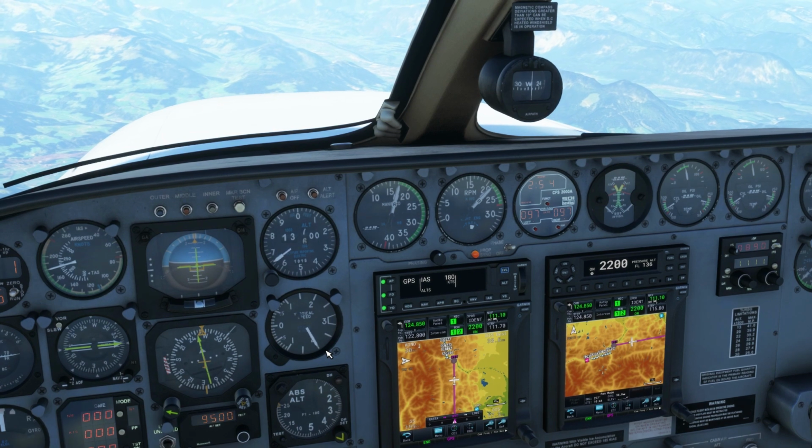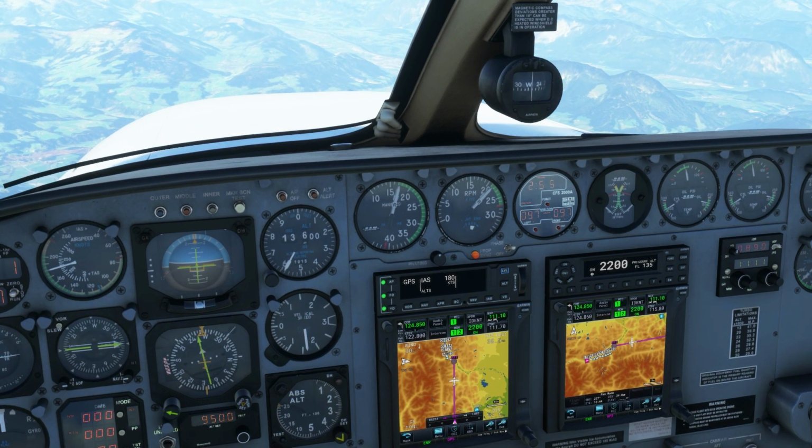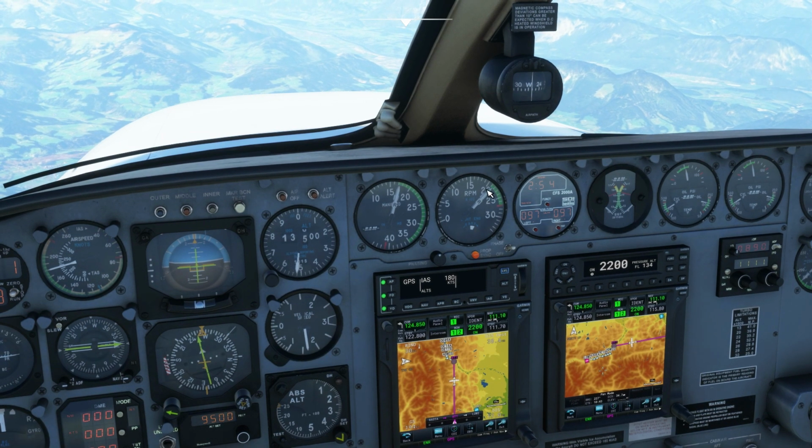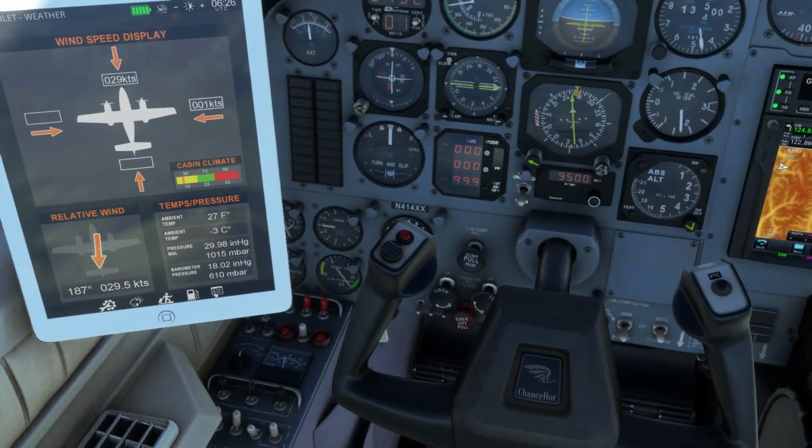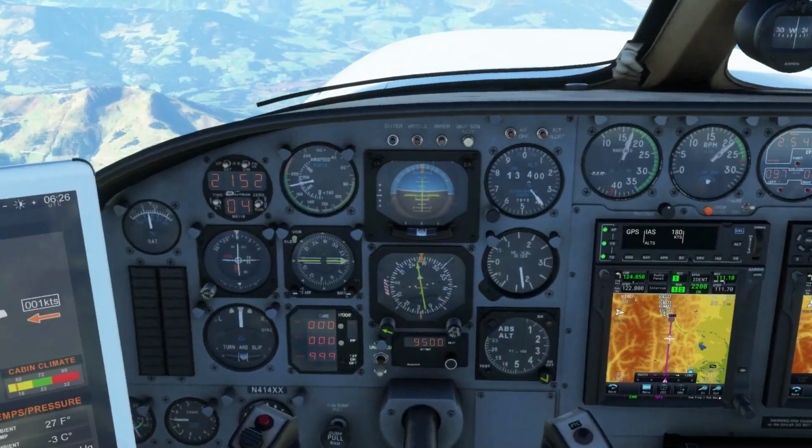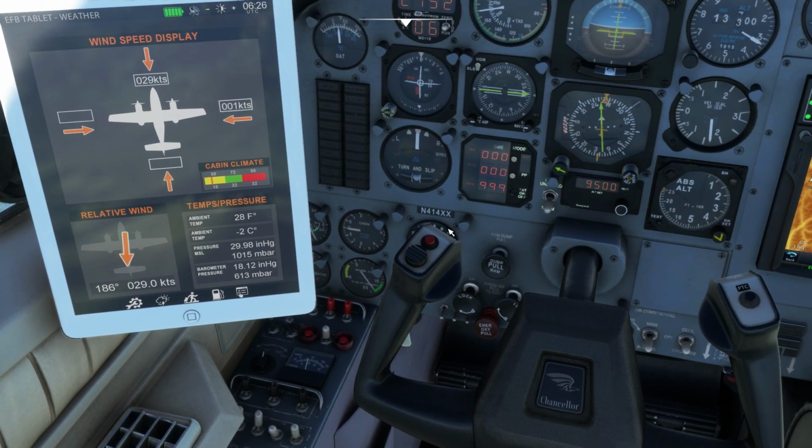And at some point we're gonna go with full forward RPM, but let's get to the approach. Okay, temperature is coming up.